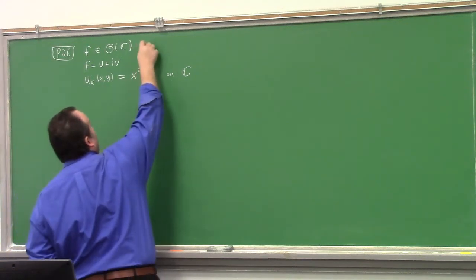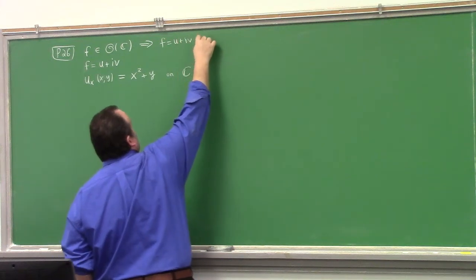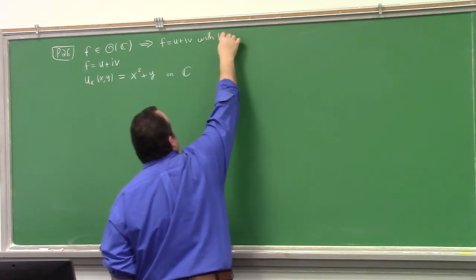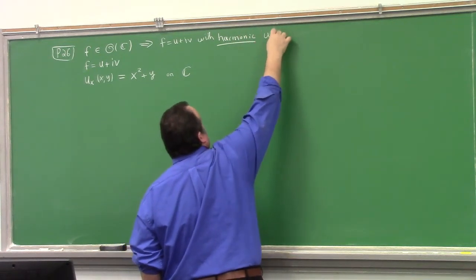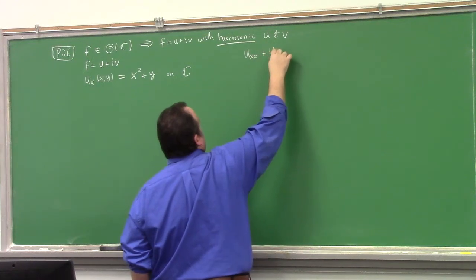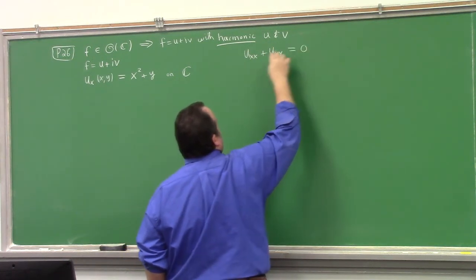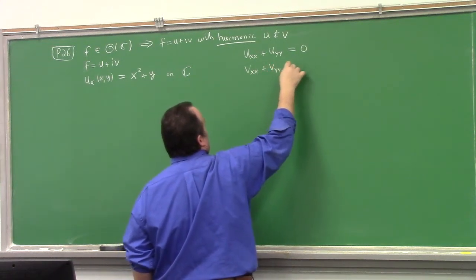So this implies f equals u plus iv with harmonic u and v, right? Which means what? That means uxx plus uyy equals 0, and vxx plus vyy equals 0.